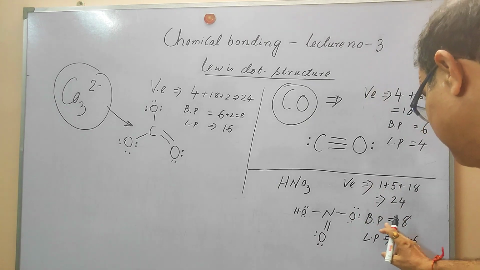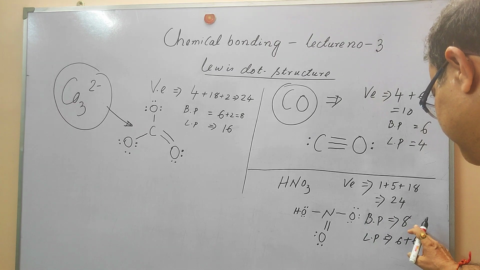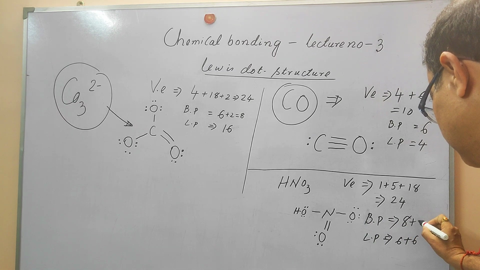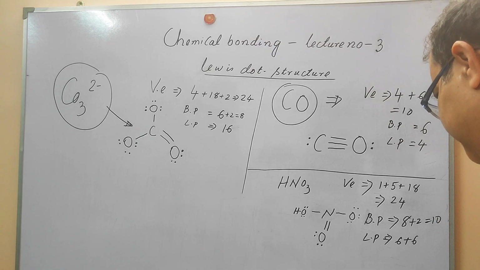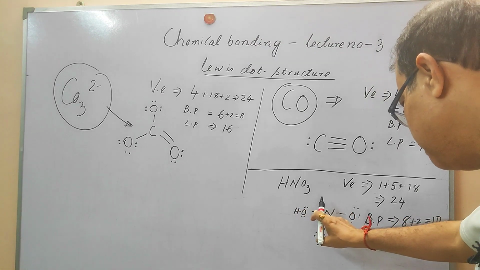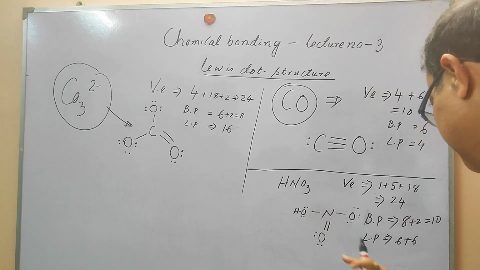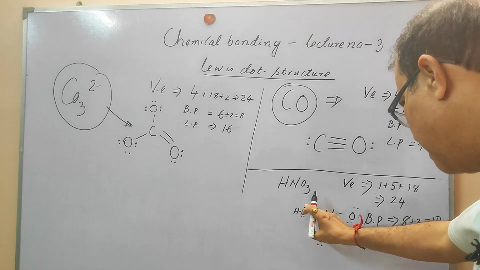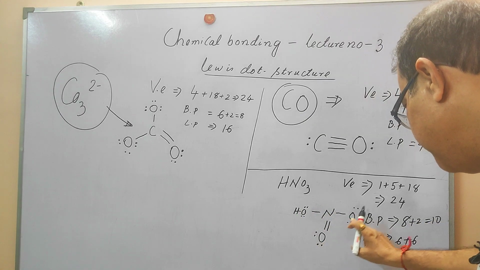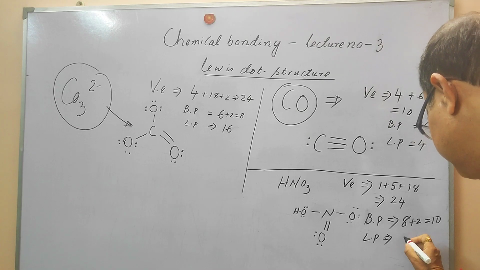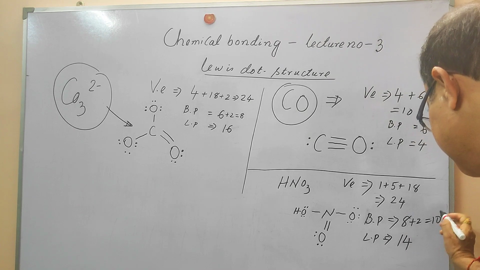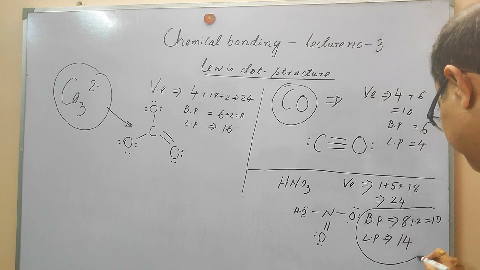And in this process, how many bond pair electrons have we utilized? Total 10 electrons have been used in the bond pairs, 1, 2, 3, 4, 5, and the remaining 1, 2, 3, 4, 5, 6, 7, remaining 14 electrons. 14 electrons as lone pairs you have used.